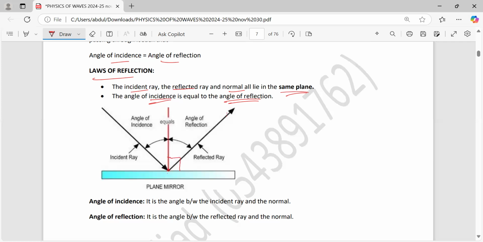How to prove it? Angle of incidence is equal to angle of reflection. You can perform this experiment.